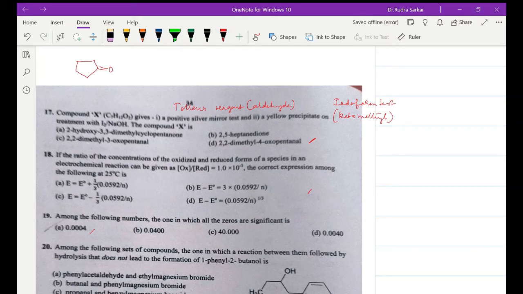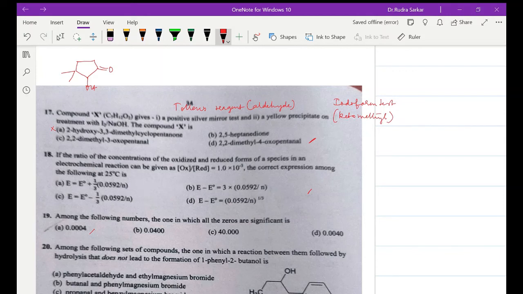Rather, I should say this is going to be over here, 3,3. Rather, I should say this one is the correct one. Okay. 2-hydroxy 3,3. Okay. So this is the compound over here, and we see that we are not having any aldehyde group over here in this molecule. So this is not the correct option.